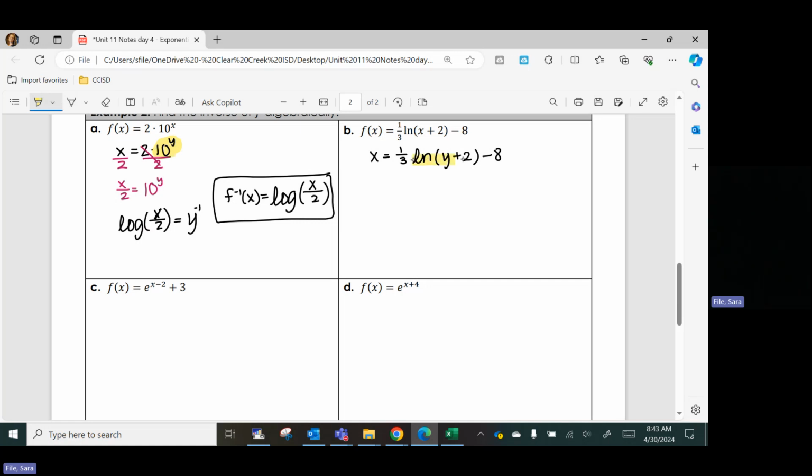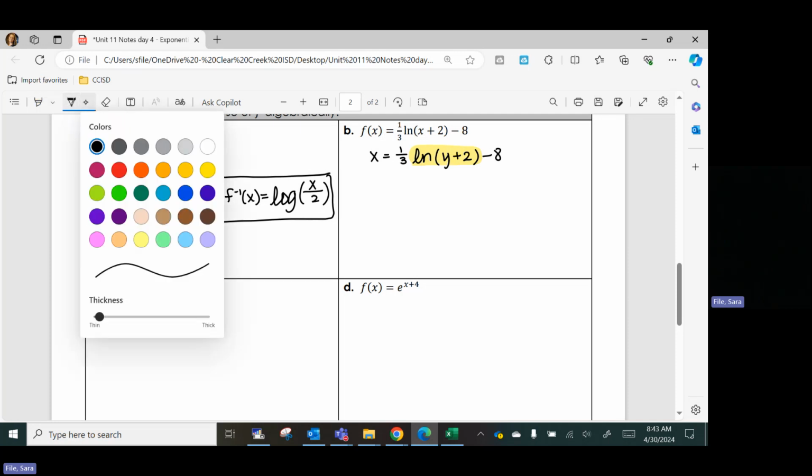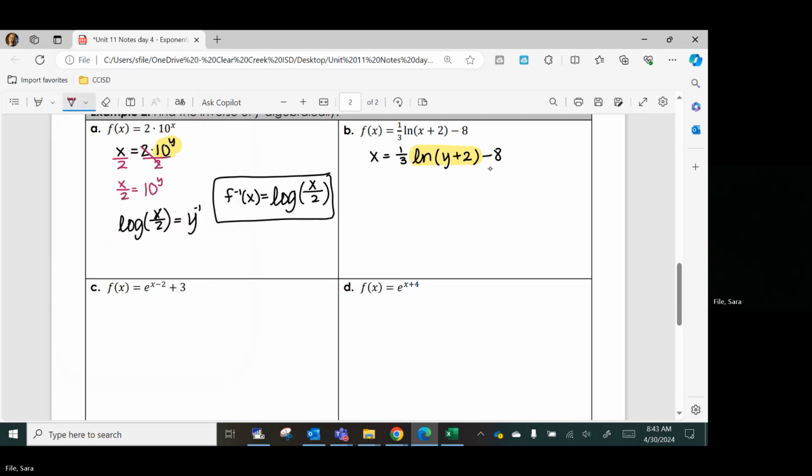Here is our log term. We're going to isolate it. So we need to get rid of that minus 8 by adding 8. So we have x plus 8 equals 1/3 times the natural log of y plus 2. Now, how do I get rid of that 1/3?